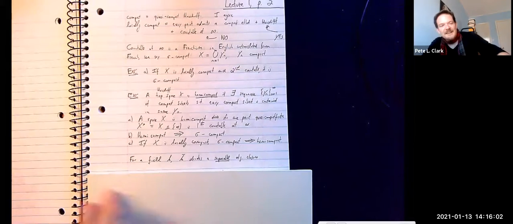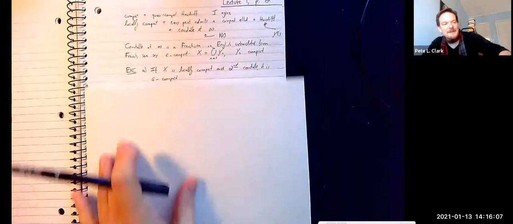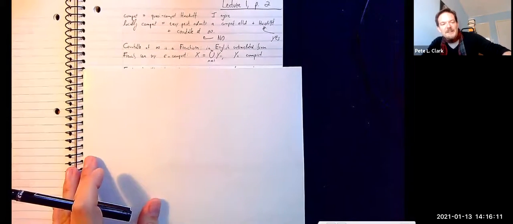But what does countable at infinity actually mean? I should stop and ask people if they know. This is again a Frenchism, I think. It mostly appears in English that's been translated from French.